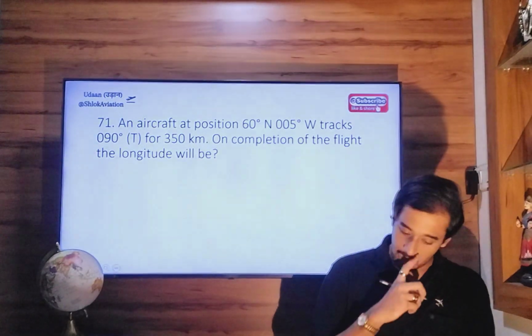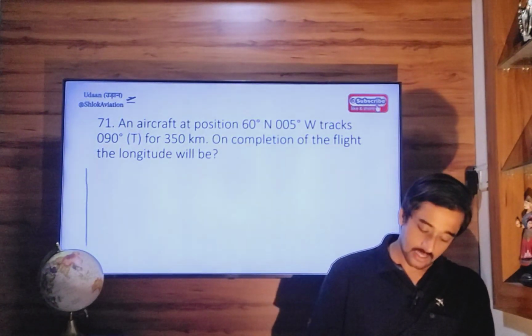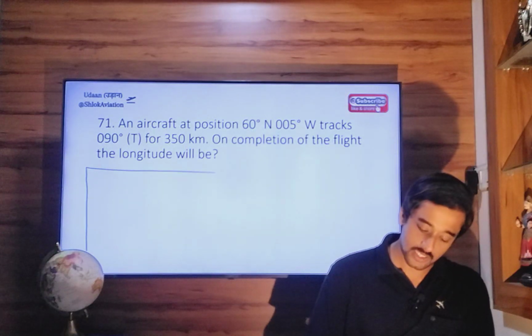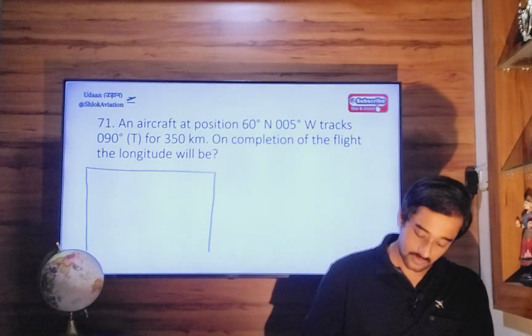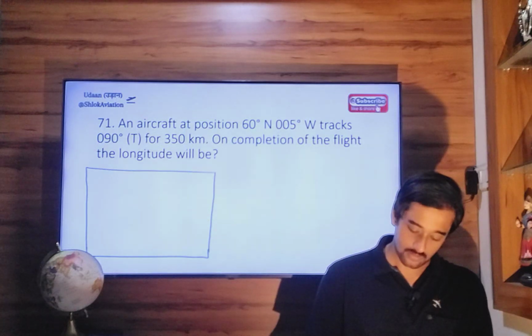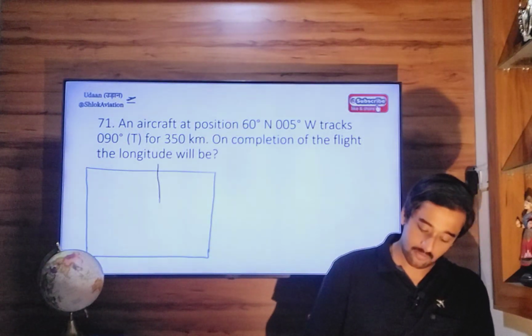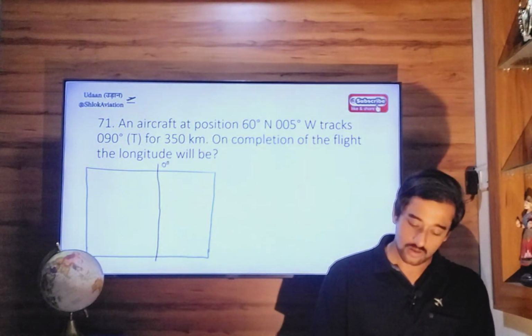So we are at 5° west. The latitude of both the positions is the same. So this is your prime meridian, 0°.